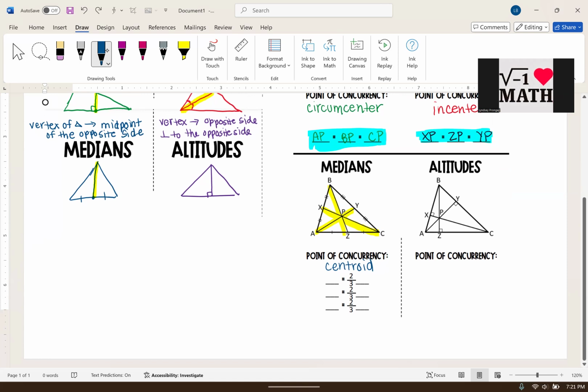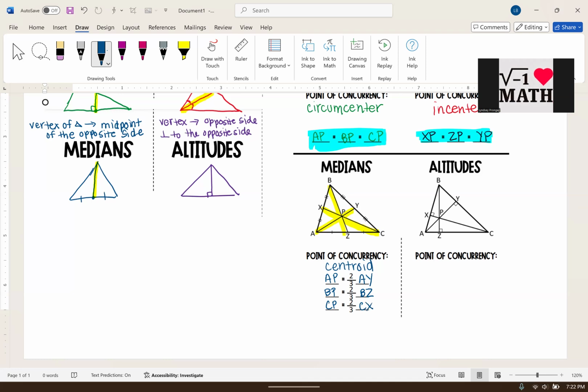The way our little flip book wants us to write it is AP is 2/3 of the full AY. BP is 2/3 of the full BC. And CP is 2/3 of the whole CX.